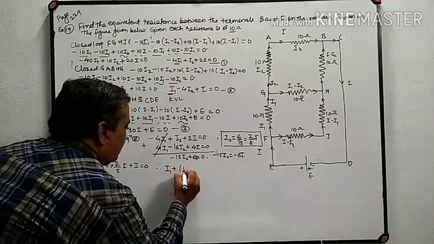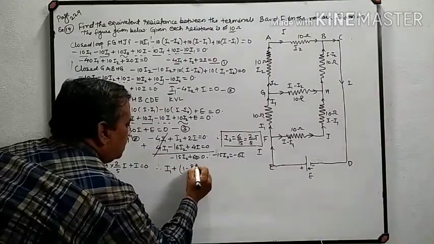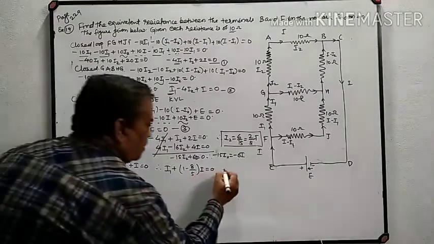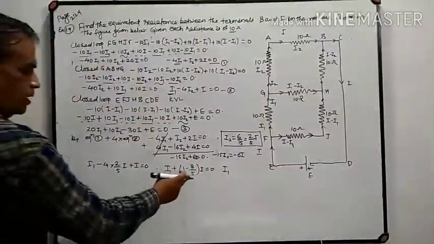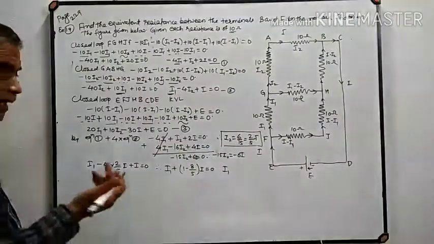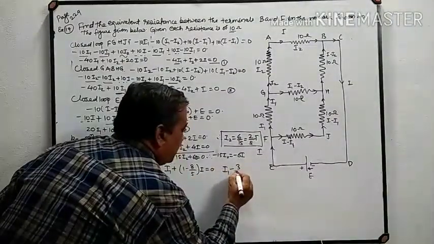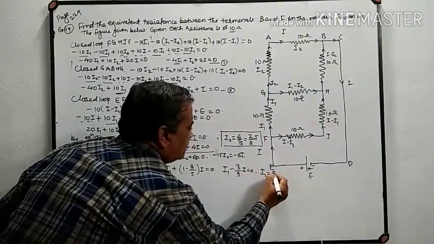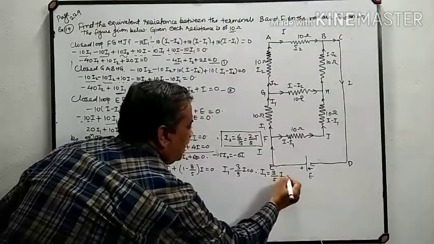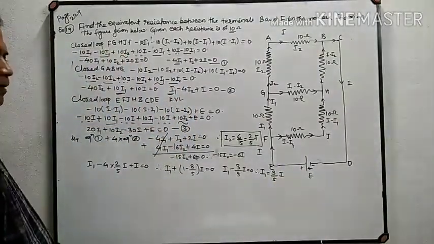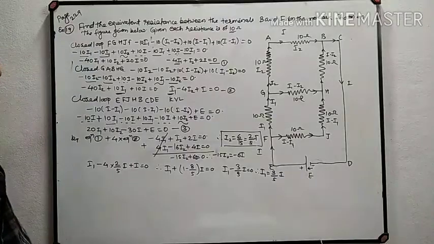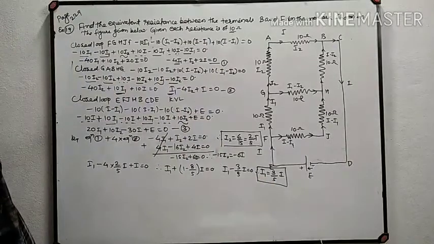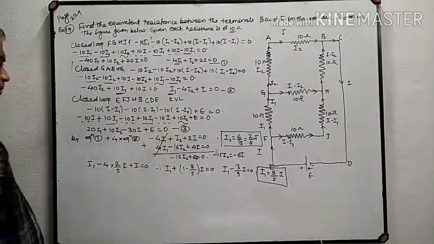So I1 plus 1 minus 8 by 5 I is equal to 0. Now 5 minus 8 is minus 3, so I1 minus 3 by 5 I is equal to 0, or I1 is equal to 3 by 5 I.